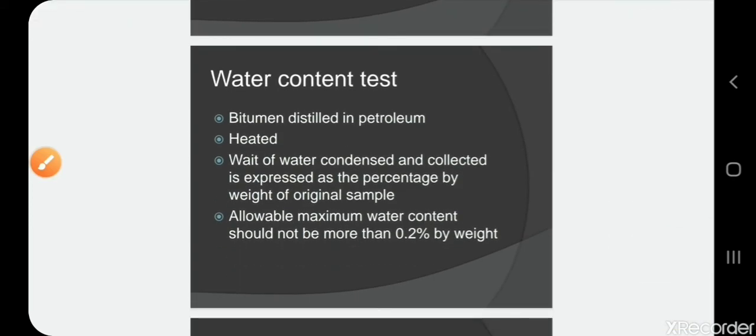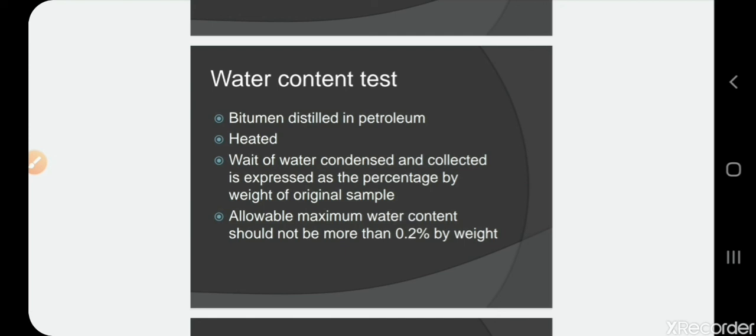The next one is the water content test. Bitumen is distilled with a petroleum solvent and heated. The weight of the water condensed and cooled is expressed as a percentage of the original sample. This is a normal method, which we have conducted in the basic material testing laboratory, geotechnical laboratory, and highway and concrete laboratory.